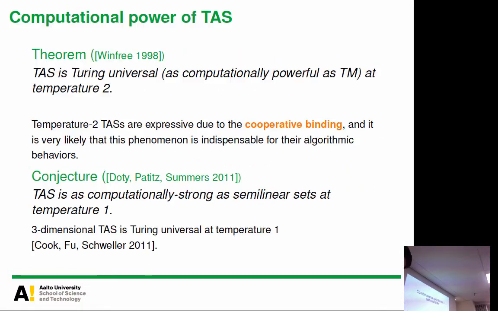So that's a very interesting result. This means that to prove this conjecture, we need to use some planarity. Why do we have to stay on the plane to prove that this is impossible at temperature 1? But maybe it's possible that a temperature 1 system is as strong as temperature 2.